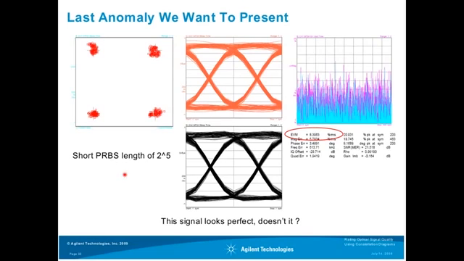We have used a short PRBS of a length of 2 to the power 5. And again, we look at our eye diagrams, and we see very good eye diagrams of the signal. Also, the error vector magnitude indicates a weak noise. So based on what we have learned up to now, there's no indication that there might be a problem with the signal.